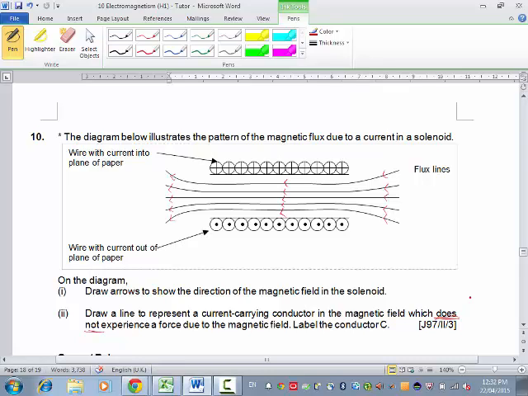No, that's the magnetic field. You draw any current carrying conductor, as long as it's like that. It carries current here. You know what I'm drawing? That's a current carrying conductor and that's the direction of the current.